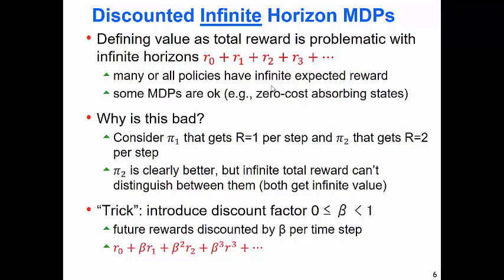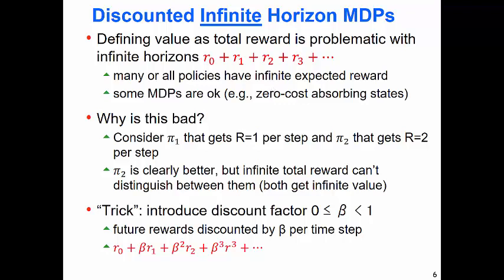So what's the trick? What do people do? Well, there are a couple of other tricks that people will do, but a very common one is to introduce the notion of discounting. We're going to say, okay, those rewards that are way out in the future from where we currently are, we're going to discount them and not worry as much about them. We're going to put more weight on immediate or nearby rewards.